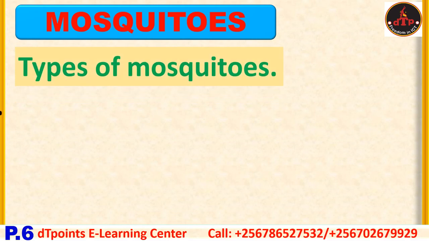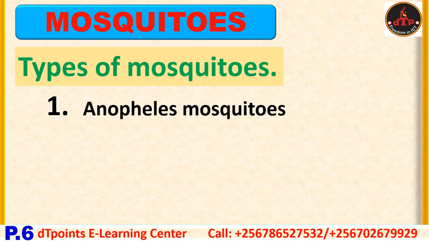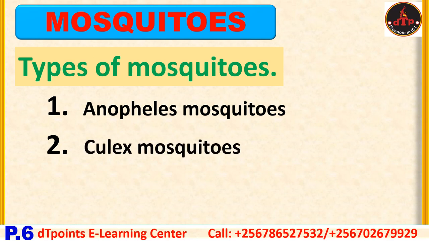Types of mosquitoes. One, we have Anopheles mosquitoes. That is the first type. The other one is Culex mosquitoes. That is the second type that we have.